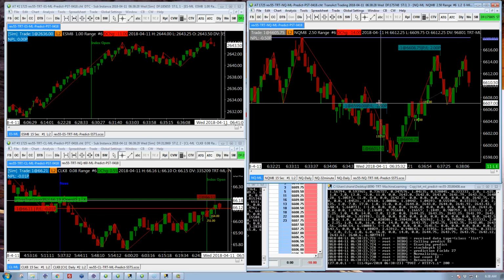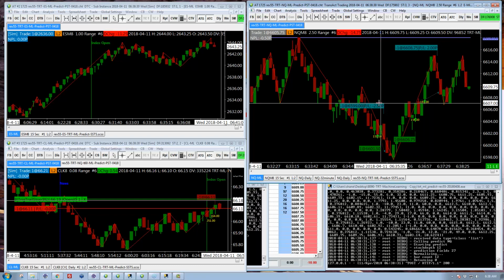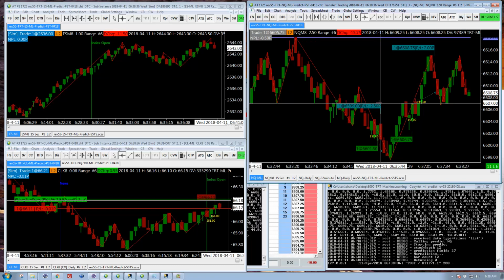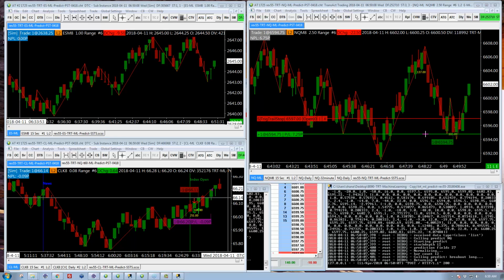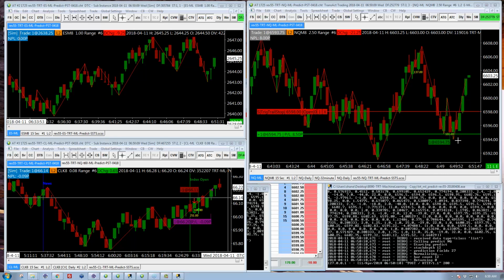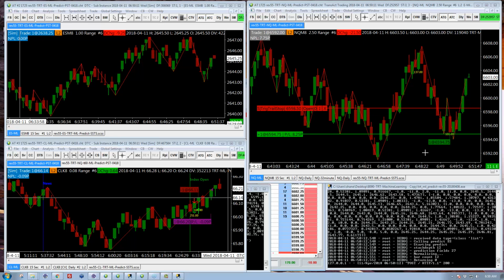So $40, so an 8-tick gain there on that little move long in the NASDAQ. All right, so long now in the NASDAQ on, I don't know what that is, failed pullback, and trailing.